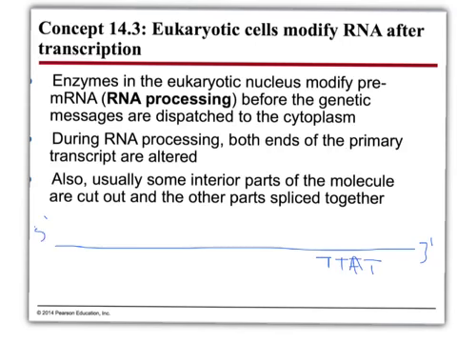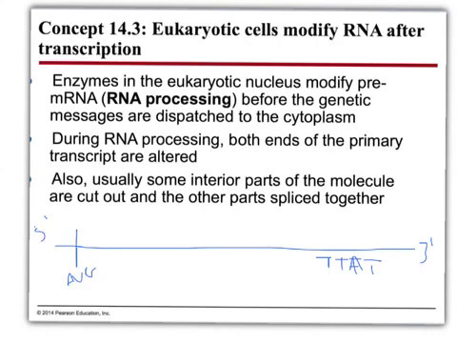And say this point right here is probably your AUG, your start codon. There's usually a 5 prime portion that's not part of the actual gene. So there's this long piece.